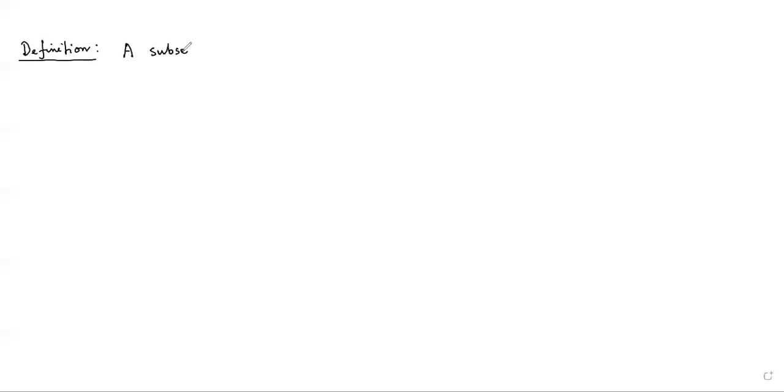A subset S of a vector space V is called, and I'm writing linearly dependent. Don't think that I'm making a mistake. I'm writing it intentionally.